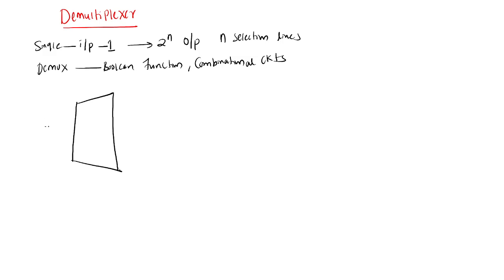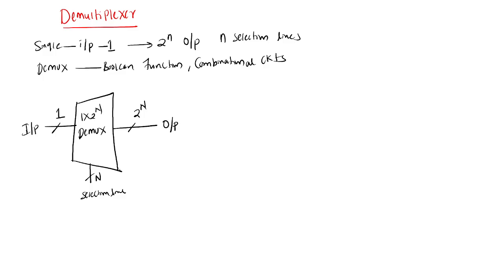You have one input and 2 power n outputs. This is a 1 cross 2 power n demux, with n selection lines. These are the selection lines, and these are the input and the outputs.